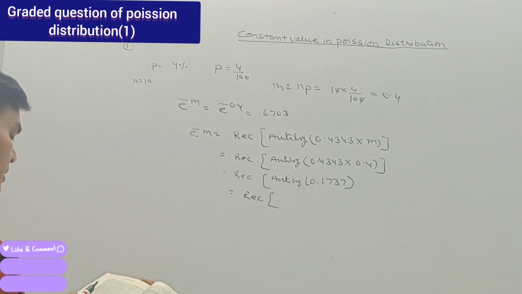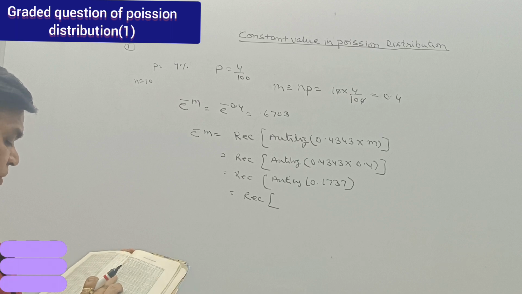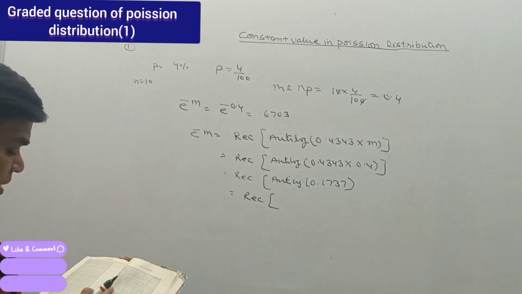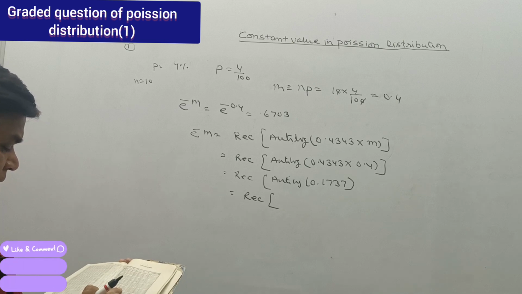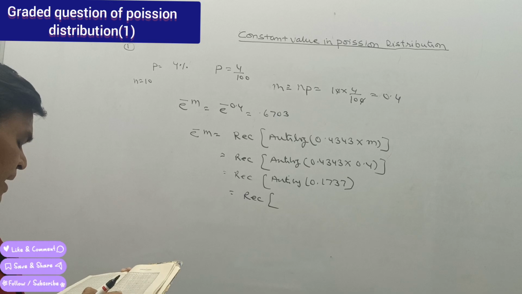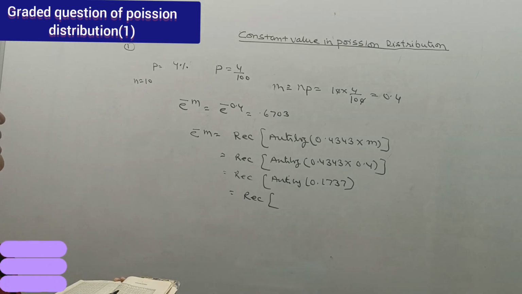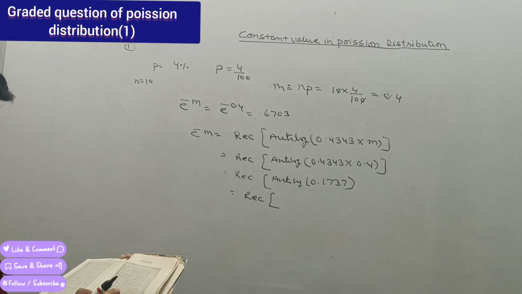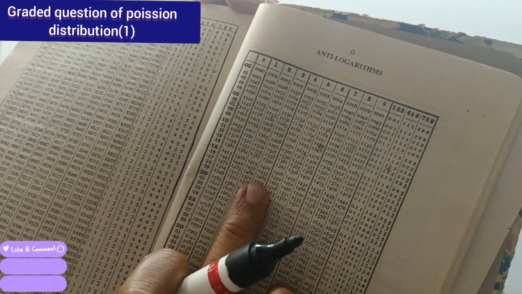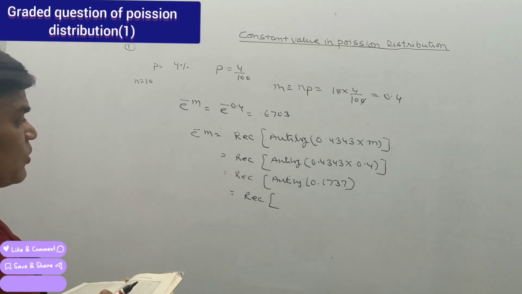I have already shown the antilog table. In the antilog table we see 0.17 at 3, that is 1489, and the difference for 7 is 2.